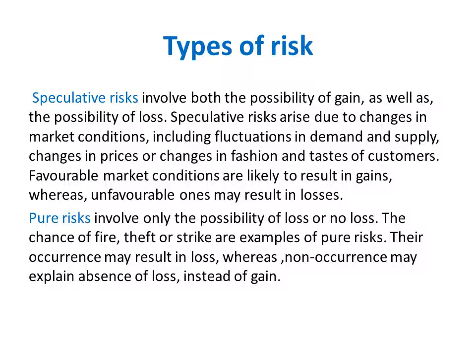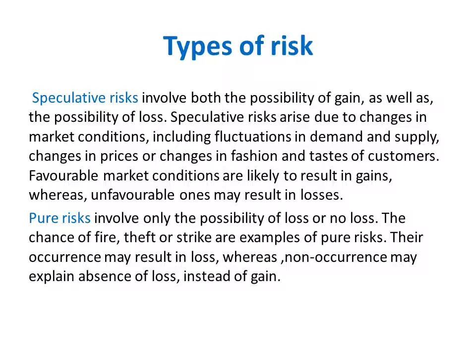If an accident happens, there is a loss of goods or property. If it doesn't happen, there is no loss. So pure risk is a possibility of loss or no loss. Wherever there is speculative risk, there is a possibility of profits, and might be a possibility of loss also.